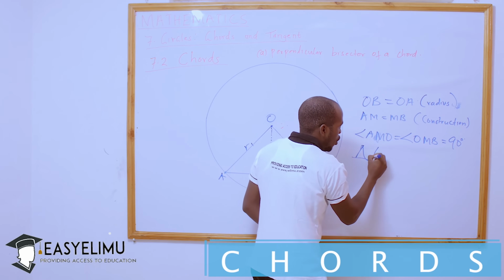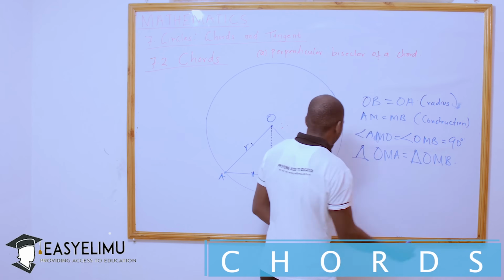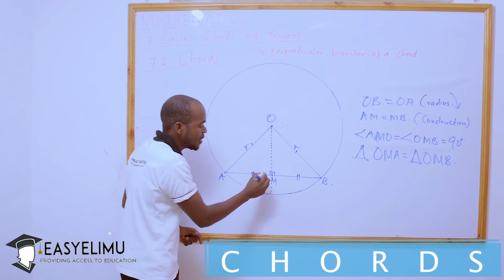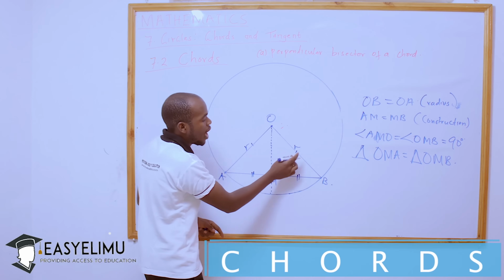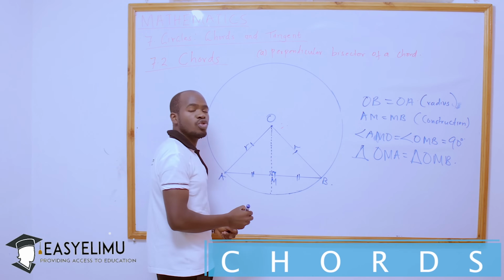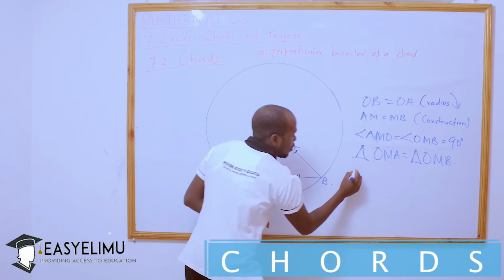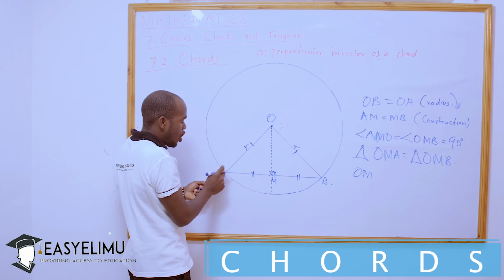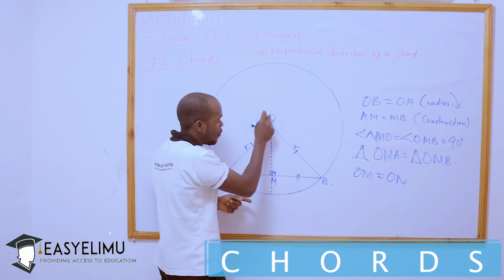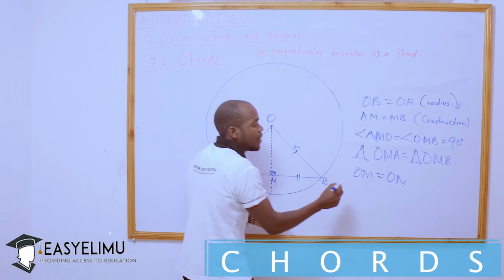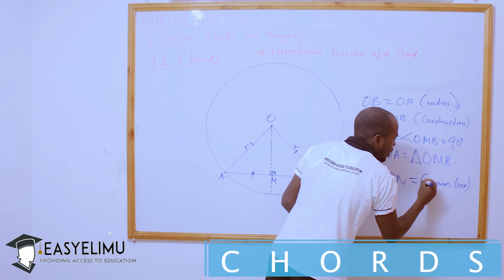We can say that one is equal because this is a right angle triangle, and we also have one of the sides equal to each other. And remember, OM of triangle OAM is equal to OM of triangle OMB, and this one is a common line between the two of them.